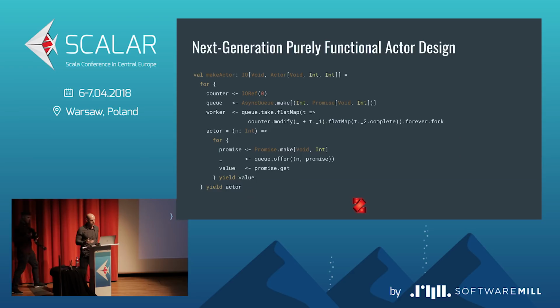So here we have it. This is basically an Akka actor in a few lines of code. And this async queue will perform better than the I/O ref in cases of extremely high contention. If you have tons of threads hitting something at once, then this is going to perform better.